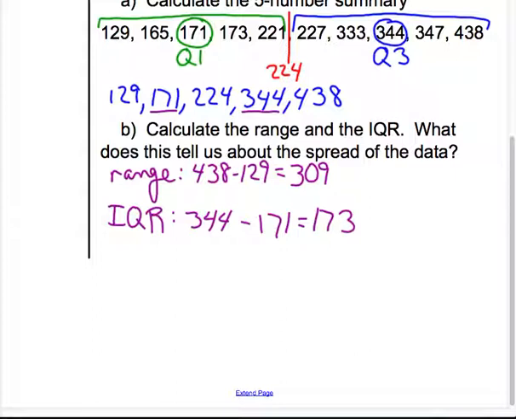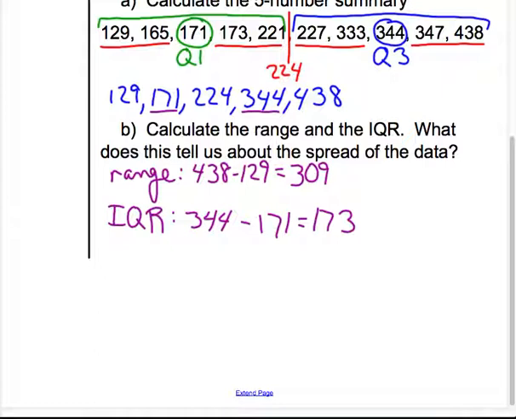Remember, the quartiles divide the data set into 4 equal parts. So if we don't count the quartiles and we look back up at our data set, we've got 1 part, 2 parts, 3 parts, and 4 parts, and they all have 2 data values. So what this means is the middle half of the data, the half of the data that's between the 2 quartiles, has a range of about 3 minutes.